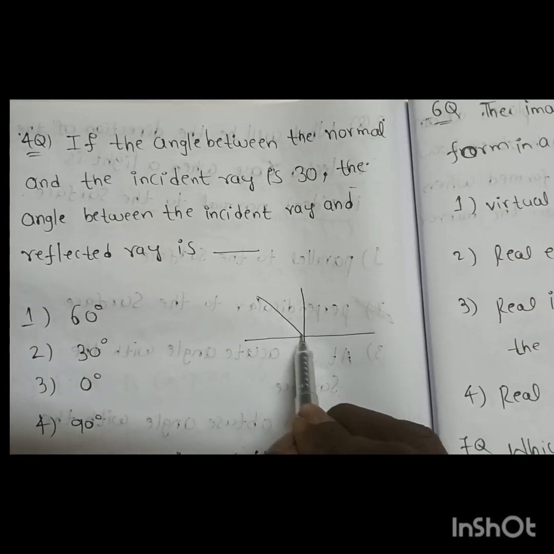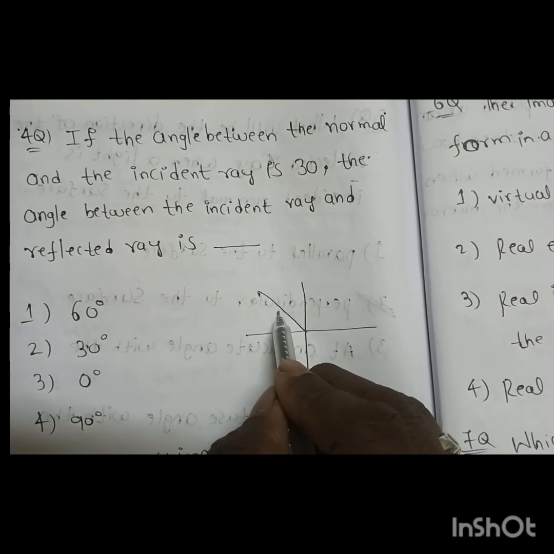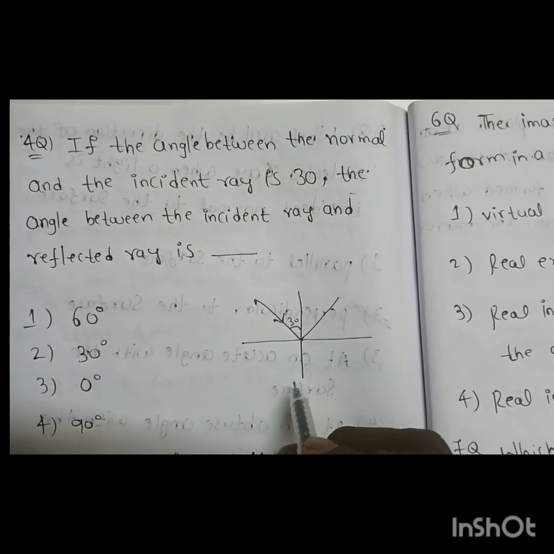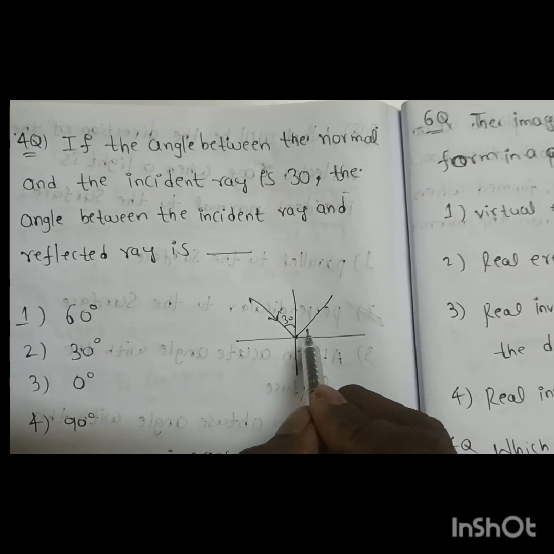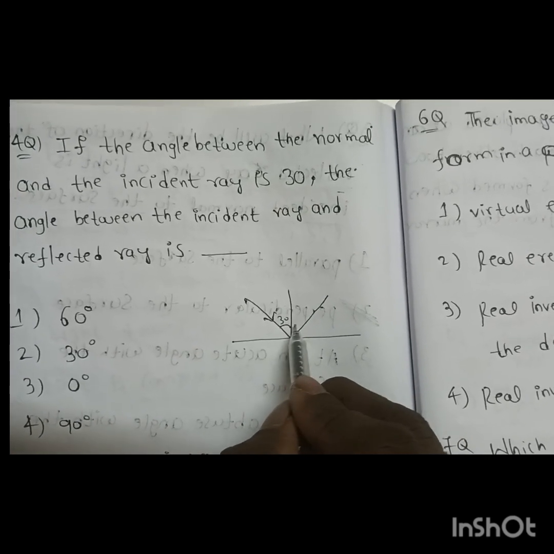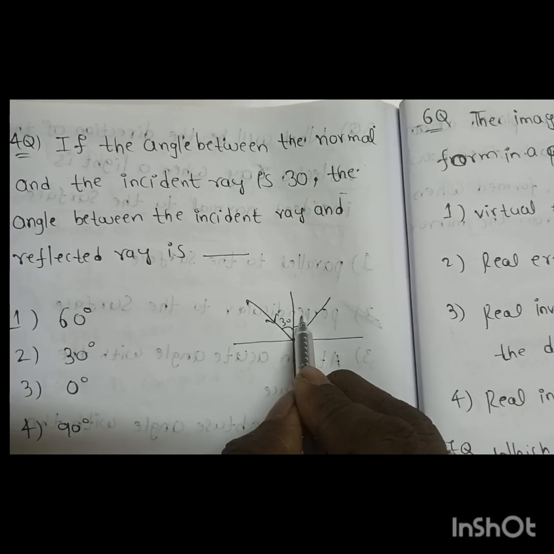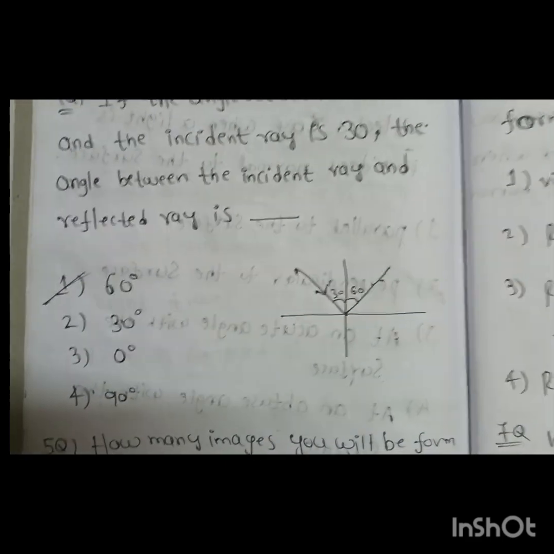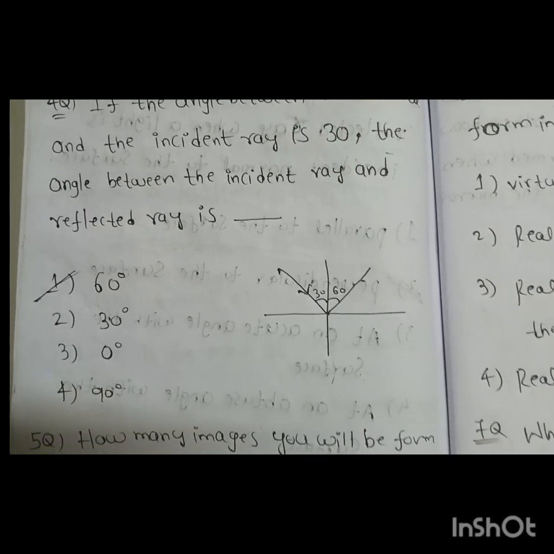If any ray enters with an angle of 30 degrees as the incident ray, it will reflect to the normal like this, which makes 90 degrees over here, so that is 60. Option 1 is correct.